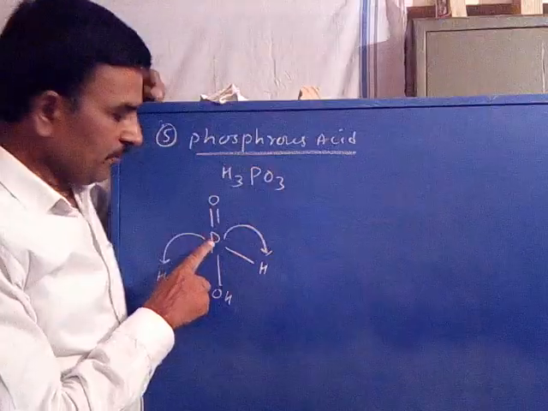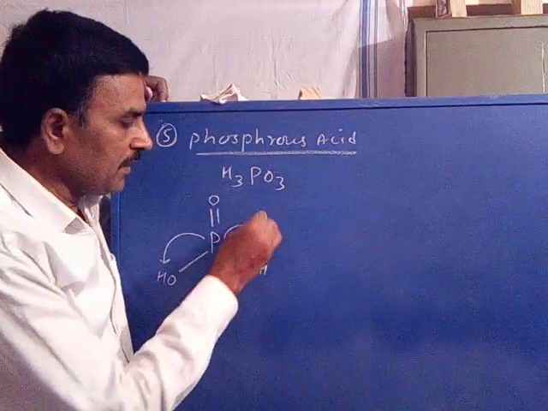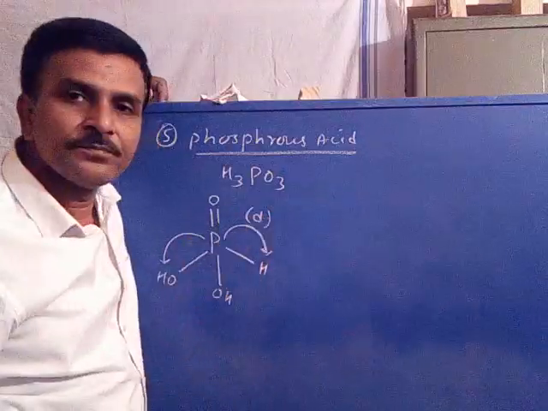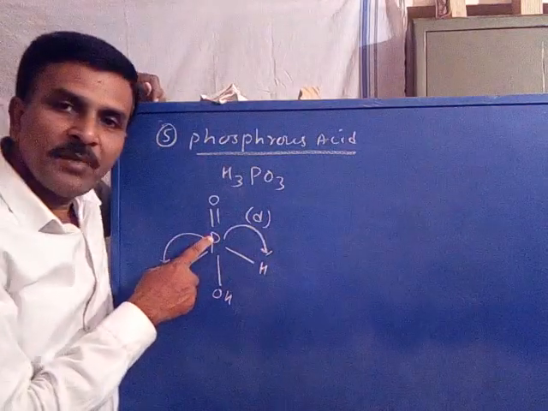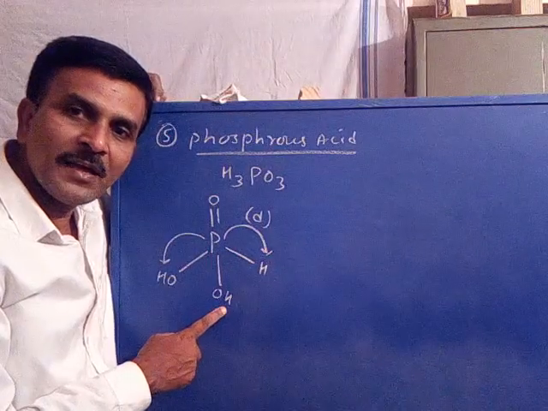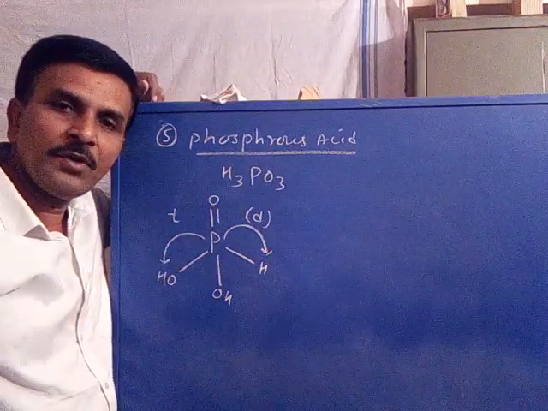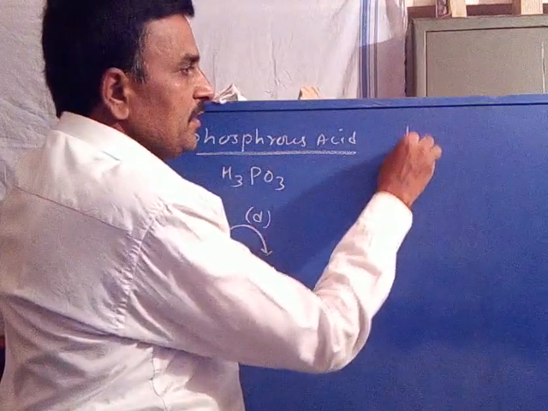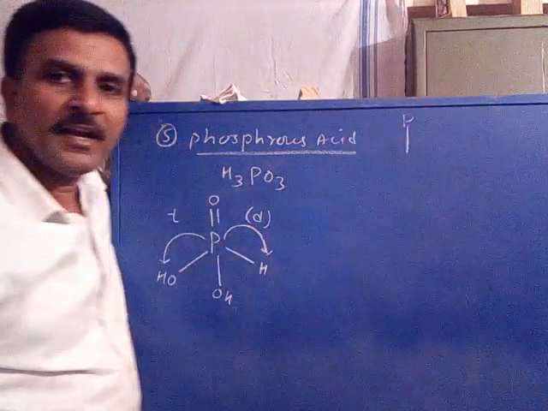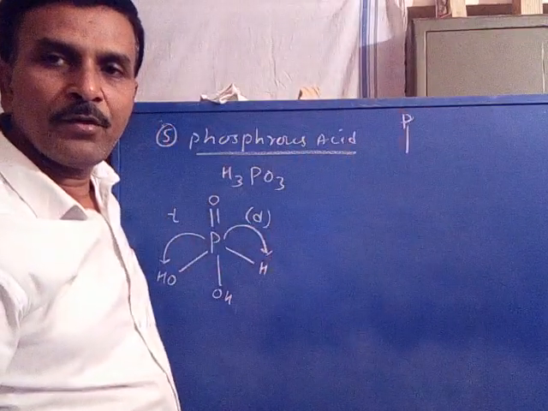First, when this phosphorus is coupled with only one hydrogen, 1 plus 1, it appears as a doublet. When the same phosphorus is coupled with two OH protons, what happens? It is split into a triplet, 1 plus 2. Say this is the phosphorus singlet before coupling.